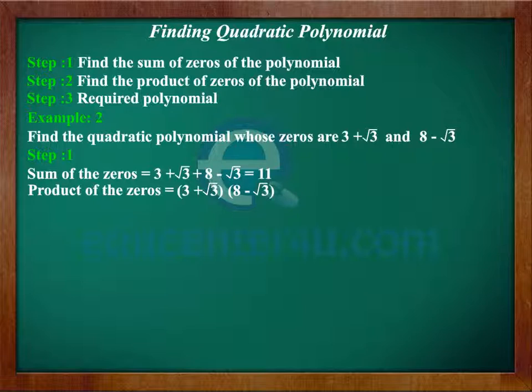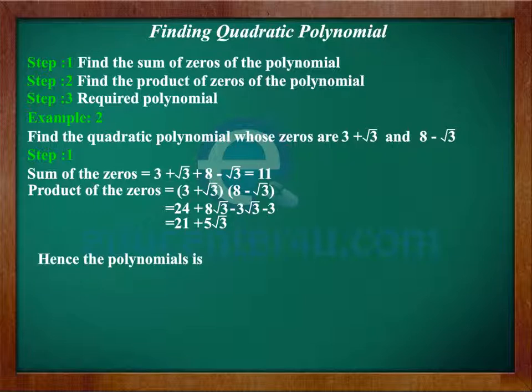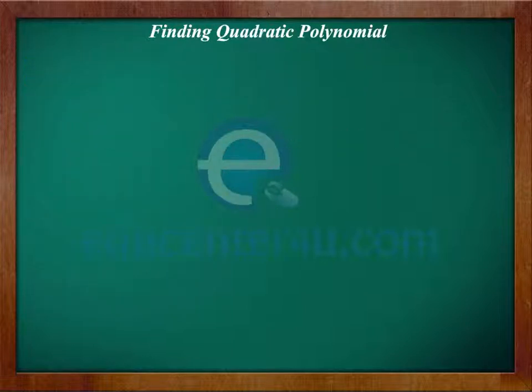Expanding them, we get 24 plus 8 root 3 minus 3 root 3 minus 3. Hence, the product of the zeros is 21 plus 5 root 3. Hence, the polynomial is p of x equals x squared minus 11x plus 21 plus 5 root 3.